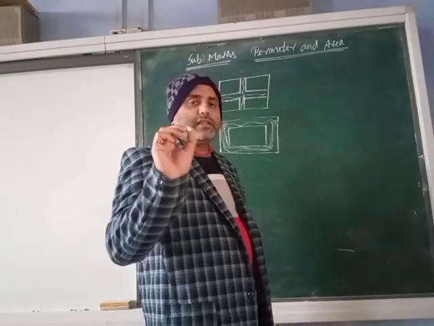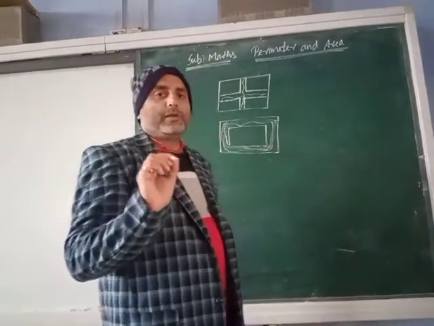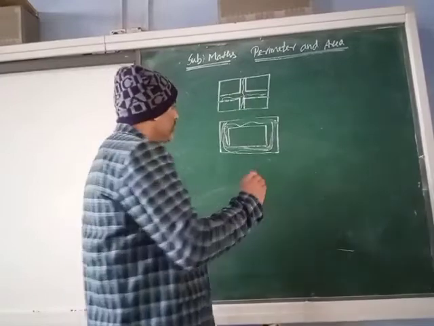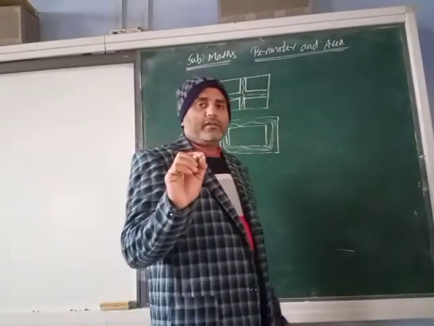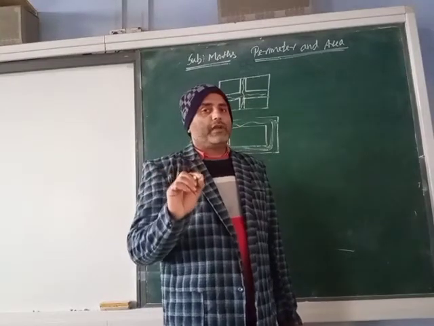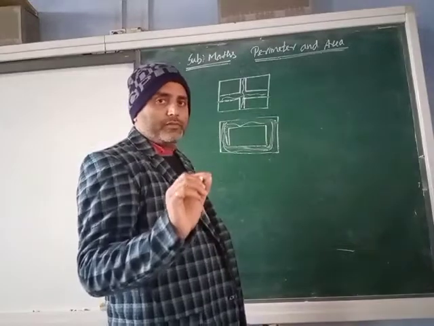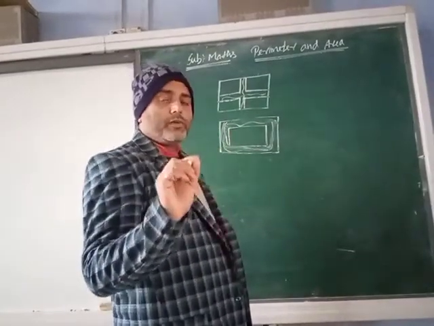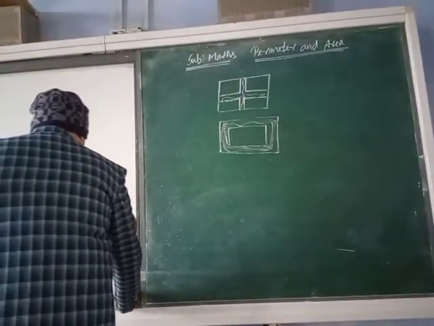With the help of these two formulas, we will find the area of the path. You will find different types of figures in this exercise, and we will find the area of the standard region and the area of the pathways with the help of the area of a rectangle and the area of a square formula.